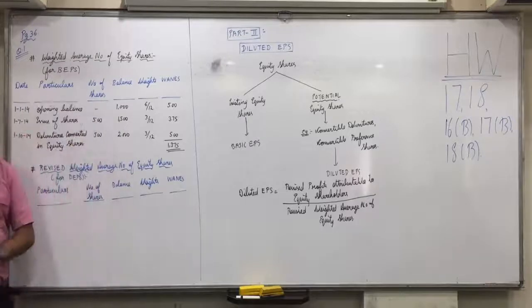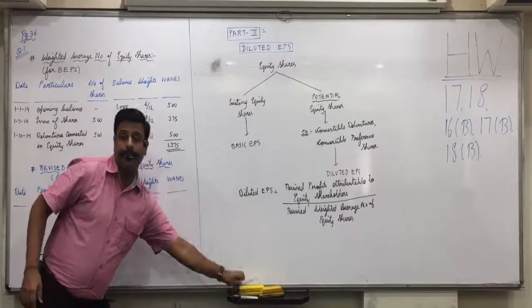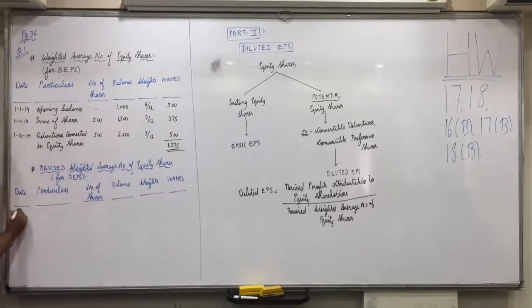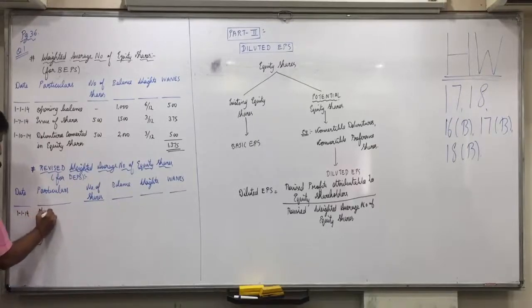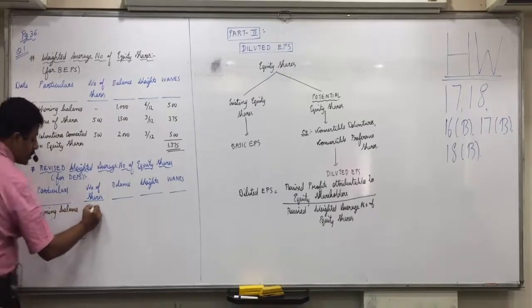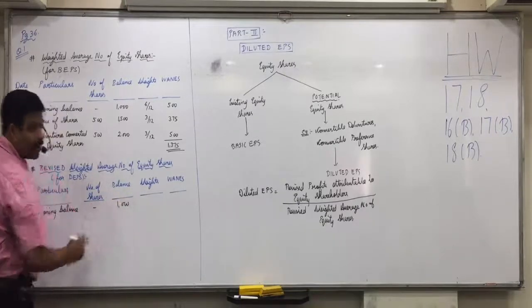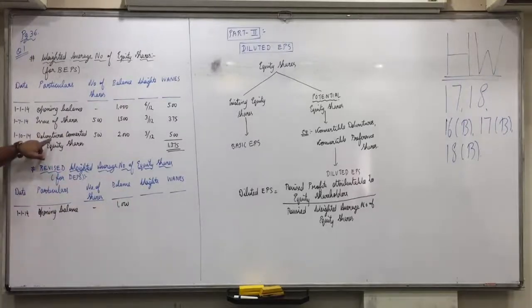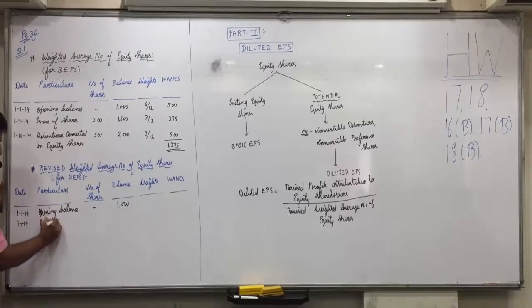Now here when you find it, what is the difference? Understand it. On 1/1/14, we will take the opening balance of 1,000 shares. Now these converted debentures, which are actually converted into equity shares on 1st October, as a potential equity share, we will take from the beginning of the year.